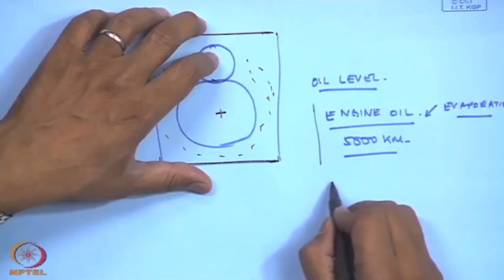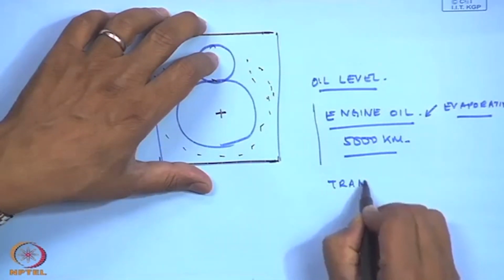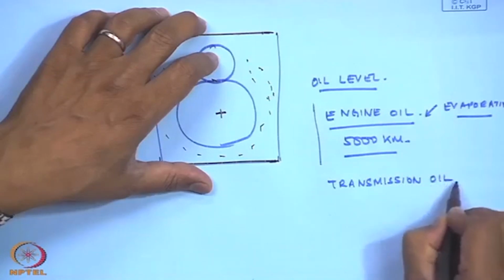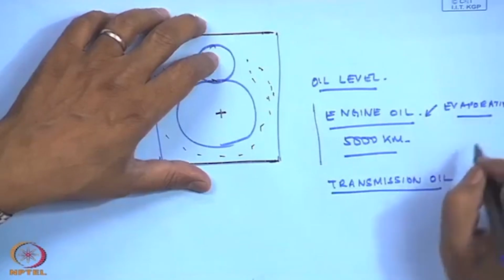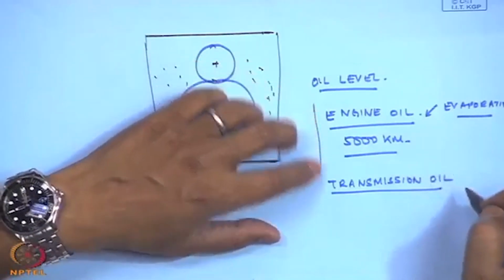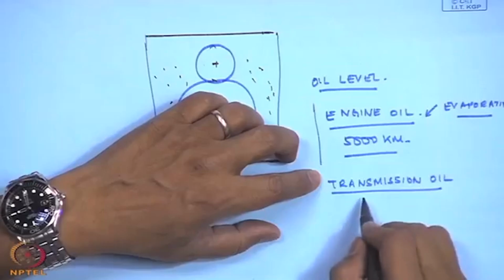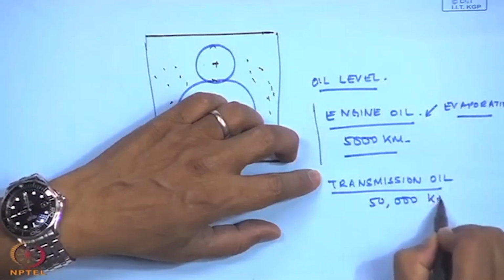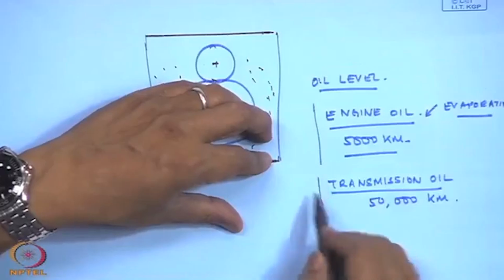But the other one is the transmission oil. Transmission oil is not at a temperature as high as the engine oil, so the evaporation loss is less, and maybe we only check them after 50,000 kilometers. And this is what is known as the gear oil.